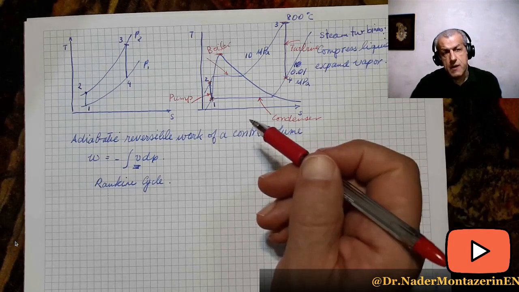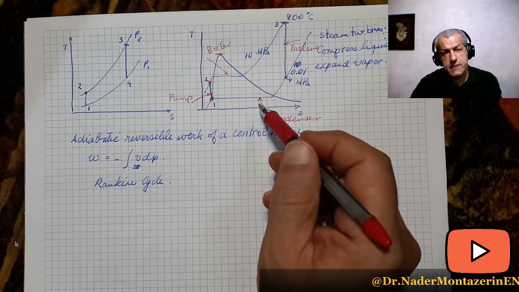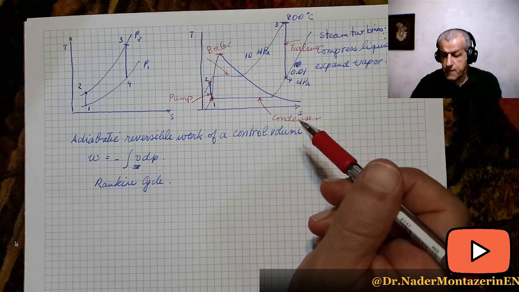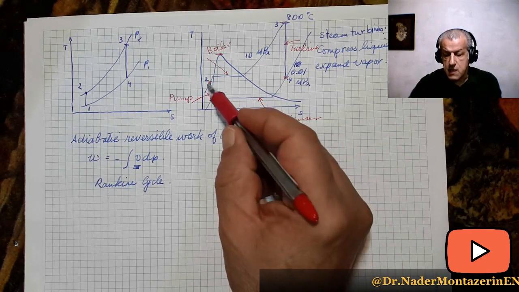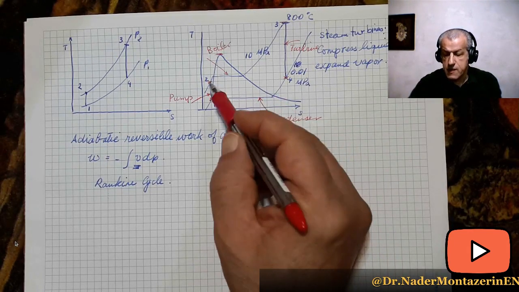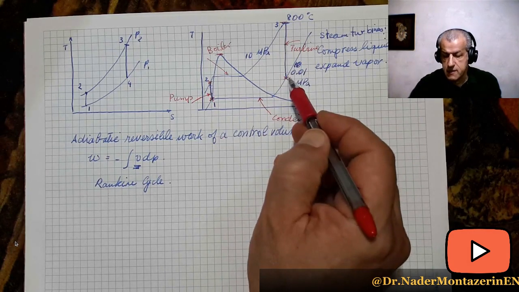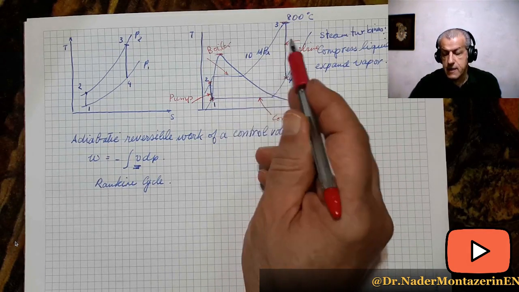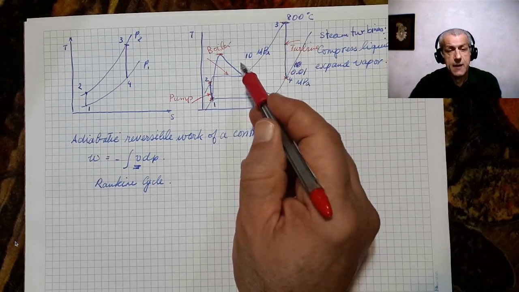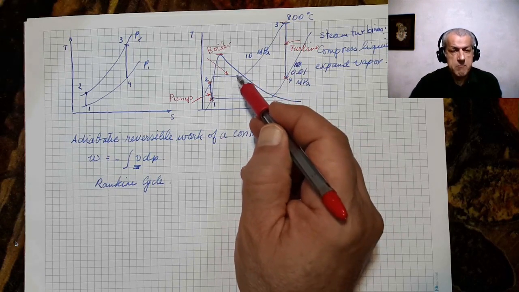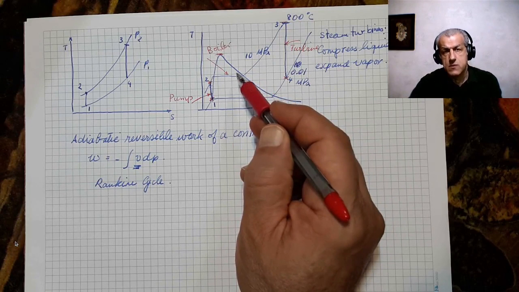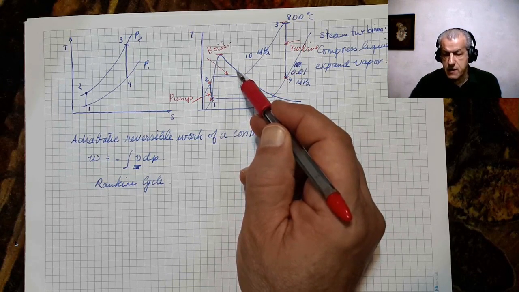For steam power plants, they are closed cycles, and it is water which is compressed, heated, expanded, cooled, and the heating happens outside. I mean, the water doesn't mix with anything, just to heat up, not like air in a gas turbine.